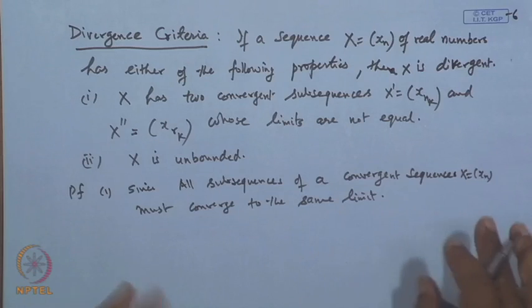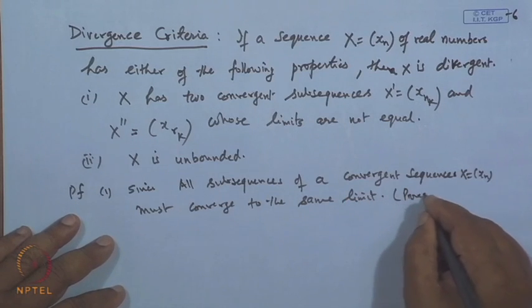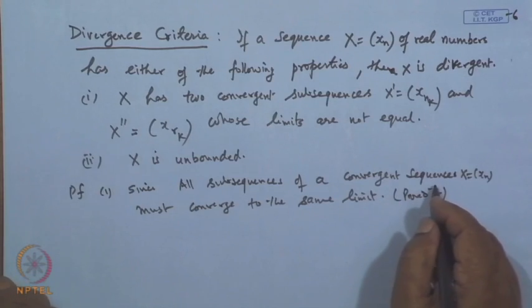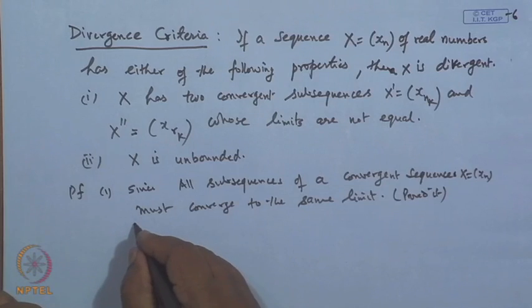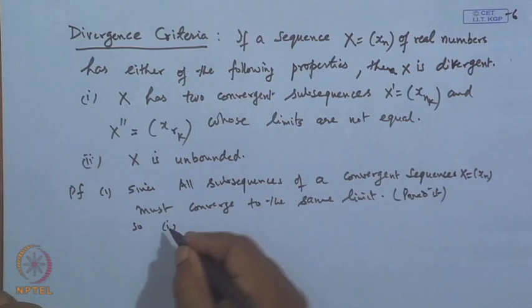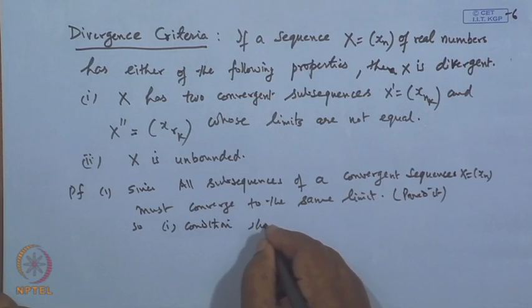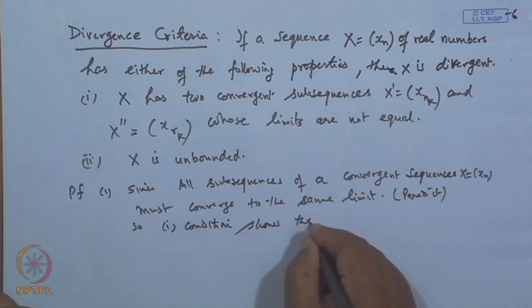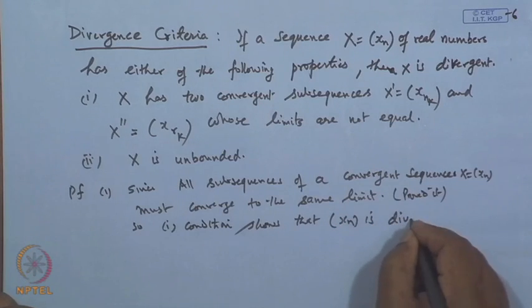This is the criterion for convergence, is it not? That is what we have proved earlier. So, if a sequence has a subsequence that does not converge to the same limit, then obviously it will be diverging. So, the first condition shows that the sequence x n is divergent.